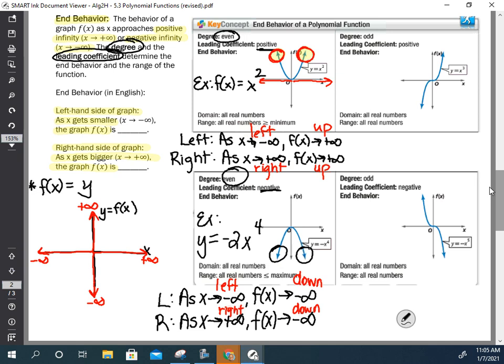So let's do the other two parts. Degree is odd and it's positive. An example of that, f of x equals x to the third power. On the left-hand side, where is the graph pointing? Left-hand side is pointing down. So that means as x goes to negative infinity, f of x is going to negative infinity.